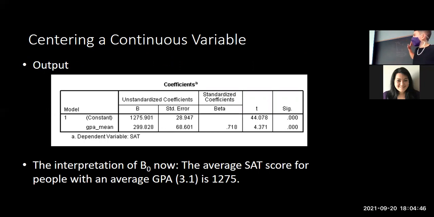Before, anybody who had 3.1 as their GPA now says 0. Anybody who had 3.2 now says 0.1, because I've subtracted 3.1 from everybody's GPA.